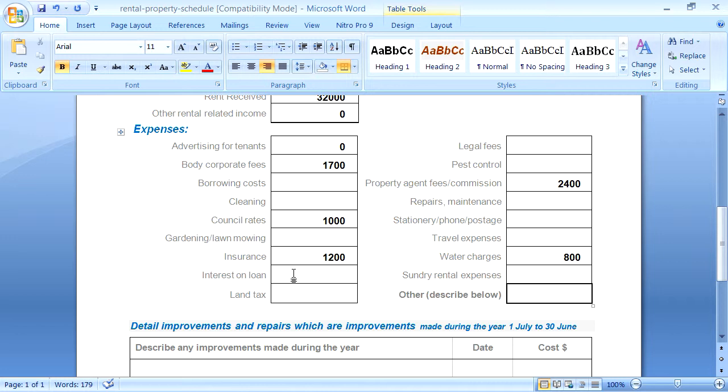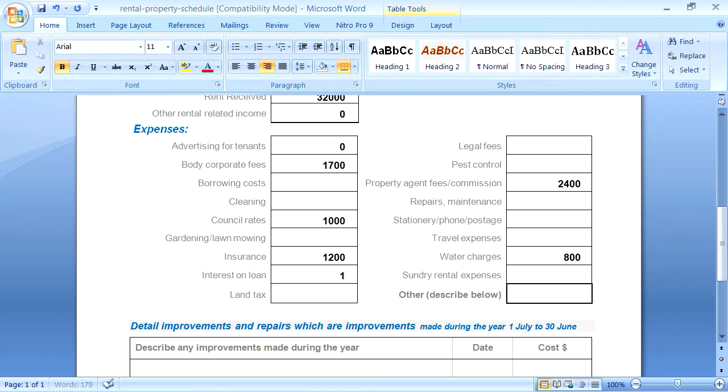You can either look at your monthly statements and make the totals up for each month to work out the total interest for the year, or some mortgage lenders will provide you with the annual total either on a statement, or if you phone up you can find out. It's very important that you get that figure accurately, because for most people it's the largest deduction that they will claim in their tax return and the most likely deduction to be examined in the event of an audit.